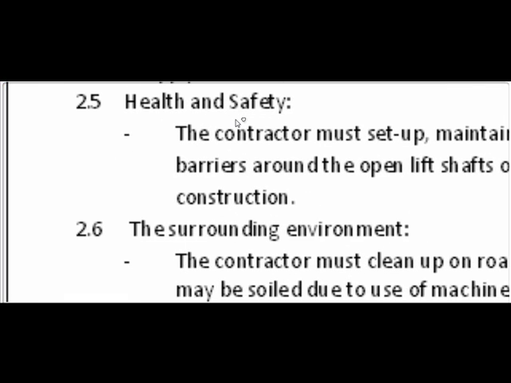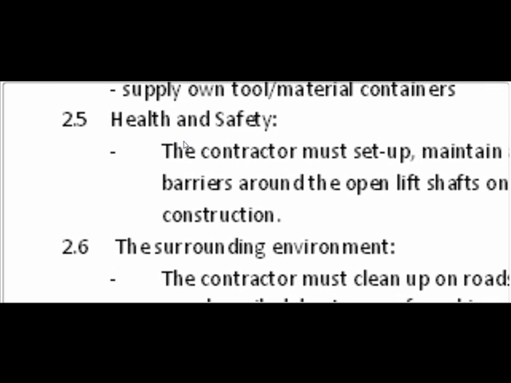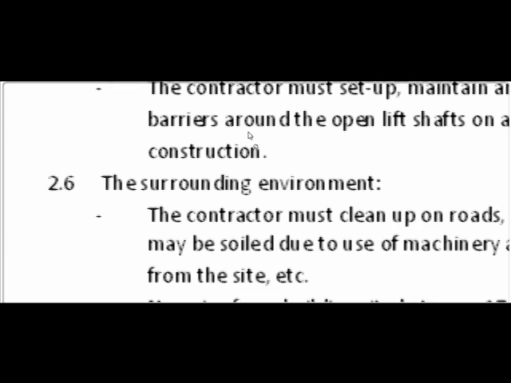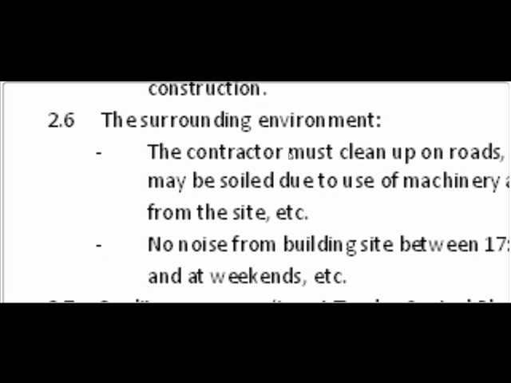For example, this contractor might be asked to put up a safety barrier around shafts, lift shafts, for example, and maintain them throughout the contract. Then that has to be mentioned here, otherwise he will not do it, because that work costs money. If the contractor needs to protect the surrounding environment in some way by putting up a barrier, for example, a fence around the building site, then it'll be mentioned here too.